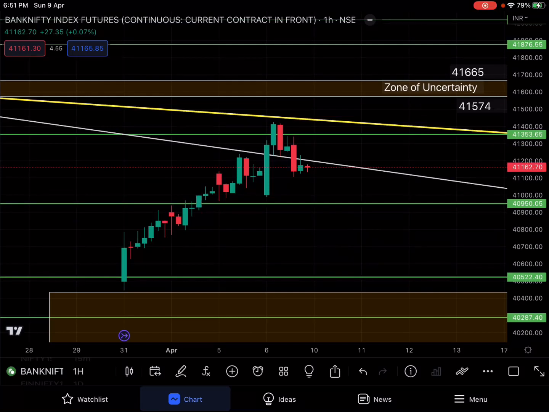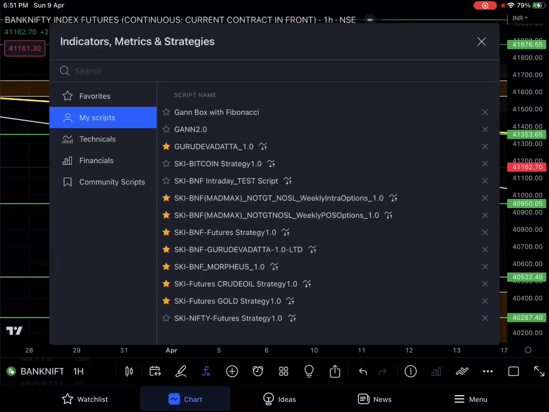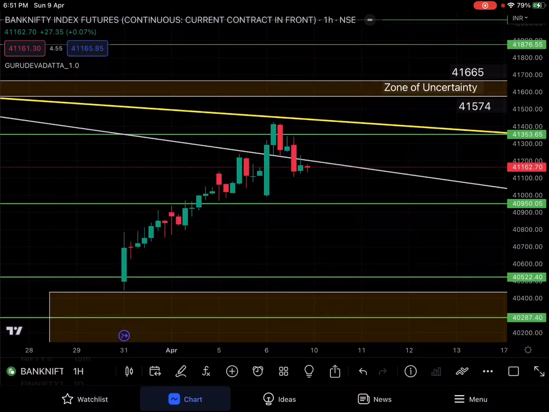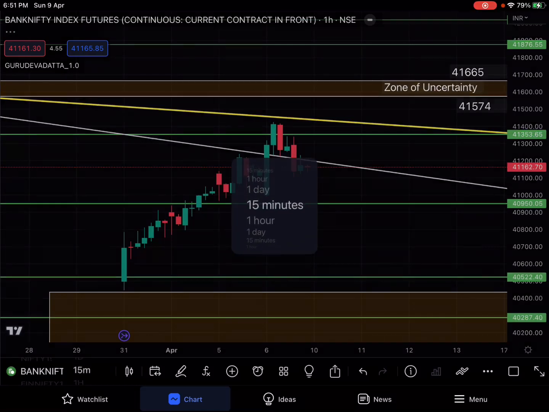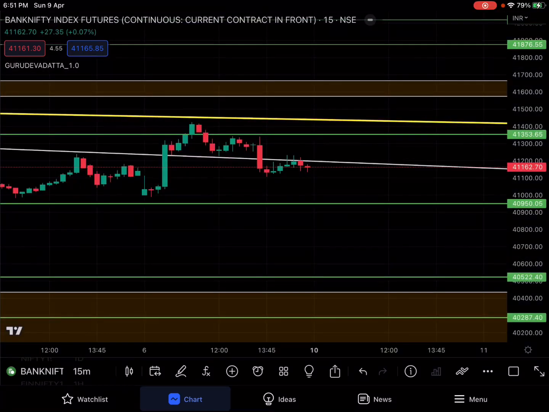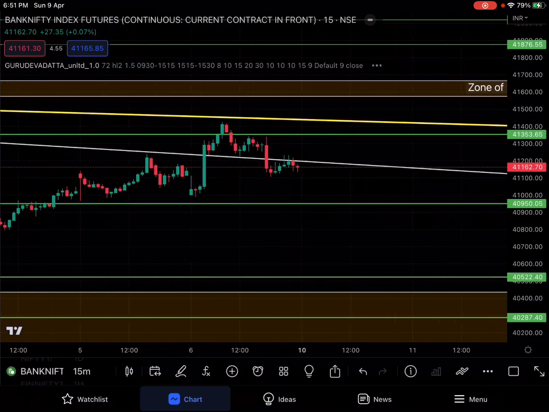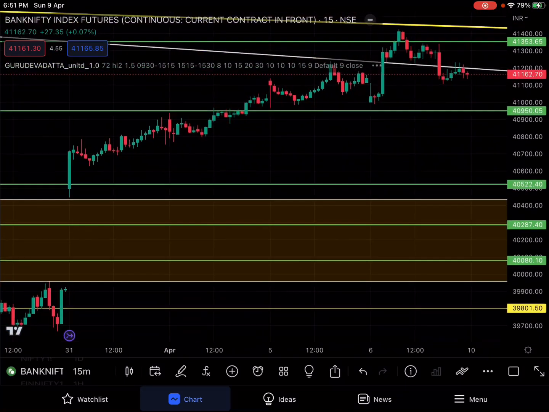So let me switch to the options script to understand what it is showing as of now. This I use on 15 minutes intraday to trade options. Let me see what it shows. Wait, the signals have not appeared.